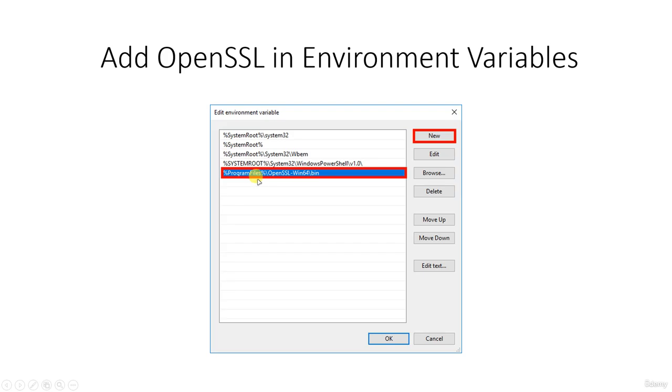It will be blank, so make sure you click New, and after that you can type. Make sure you type it just like this, and don't forget to add it. This is the important part. Click New, then type the line that you are seeing in this picture, and then press OK.